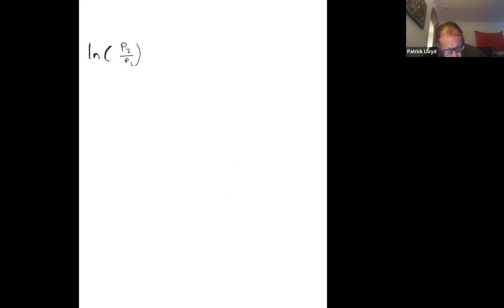So those are the vapor pressures, is equal to minus delta H over R, where delta H vaporization is the heat of vaporization, the amount of energy required to boil a mole of that liquid, times 1 over T2 minus 1 over T1.